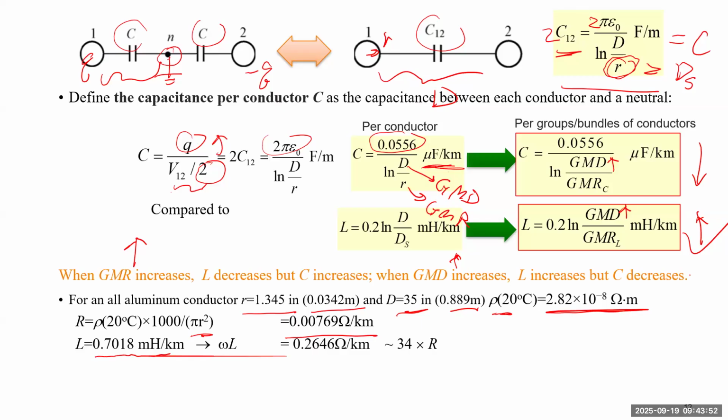If you assume you operate the system at 60 hertz, omega will be 377 radians per second. Multiply by this L, and that translates to a reactance of 0.26 ohm per kilometer. So the inductance generates a reactance which is more than 30 times the resistance.